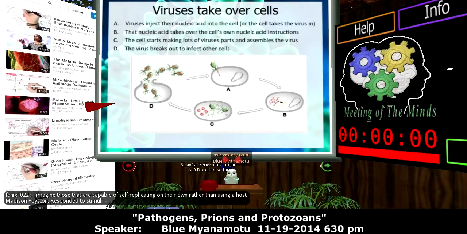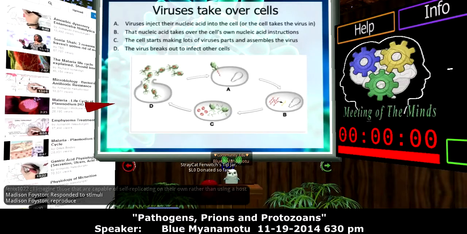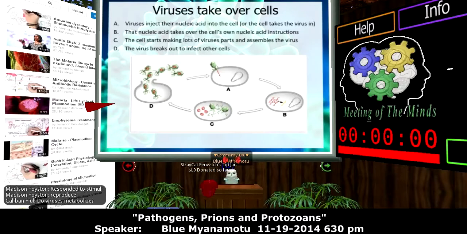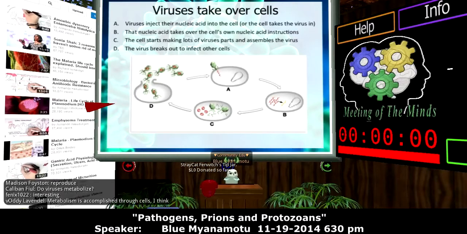Rune is saying here, I imagine those that are capable of self-replicating on their own rather than using a host could be. It could be, but then again, most recently, in fact, there's scientific evidence that nucleic acids, DNA itself, can be replicating, which is really fascinating stuff. Do viruses metabolize? No, they do not.